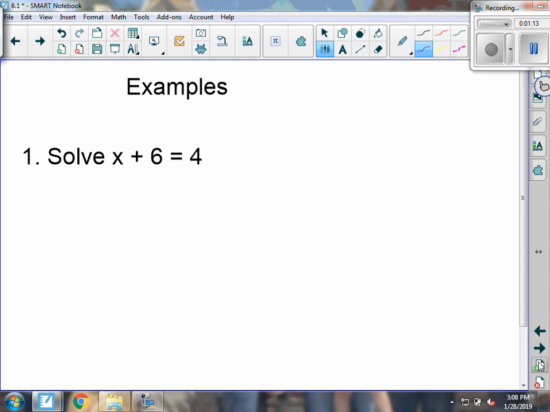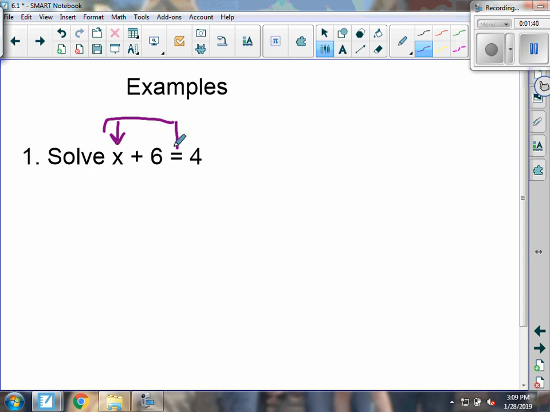So copy this down. x plus 6 is equal to 4. So what we need to do when we have these is we're trying to get our variable, or our letter, by itself. In order to do that, I look at my equal sign. Everything that is on the same side of the equal sign as my letter needs to go away.